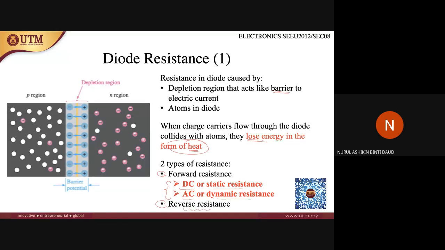For reverse resistance, we have learned this in a previous class, so just to refresh your memory: when you apply the opposite polarity of the external voltage to the PN junction, this is positive, this is negative, this is negative, this is positive, the depletion barrier will be bigger.